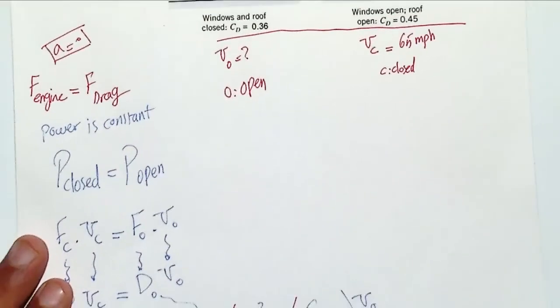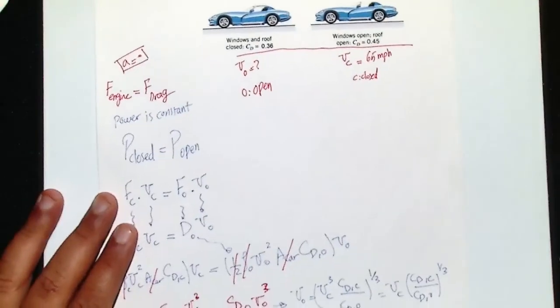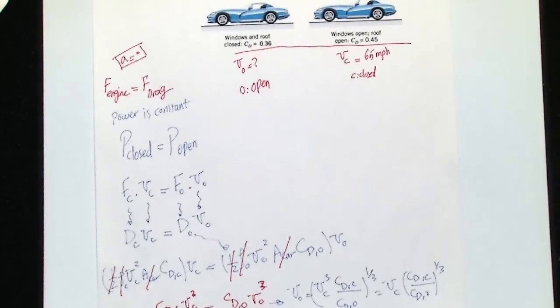Come back to the first part. What was the question? You have a car and you fix the power usage of the engine, right? It's going to give you a different force balance, because the drag force is different when the roof and the windows are open or closed.